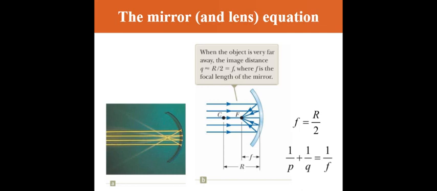Picture A shows you a realistic ray diagram of what parallel light rays do. You see how they all pass through a point, and where they cross, you can tell it's halfway through the radius of that mirror.